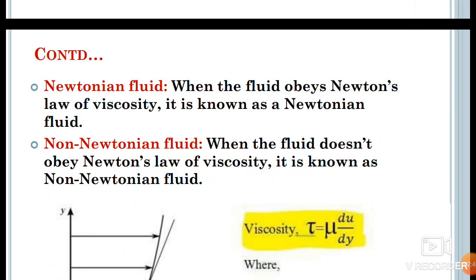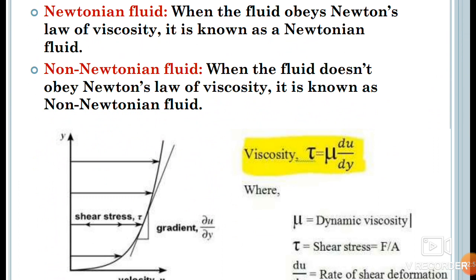Now we will move on to Newtonian and non-Newtonian fluid. Newtonian and non-Newtonian fluids are classified based on a particular law known as Newton's law of viscosity. Newton's law of viscosity states that the shear stress is directly proportional to the rate of shear deformation.